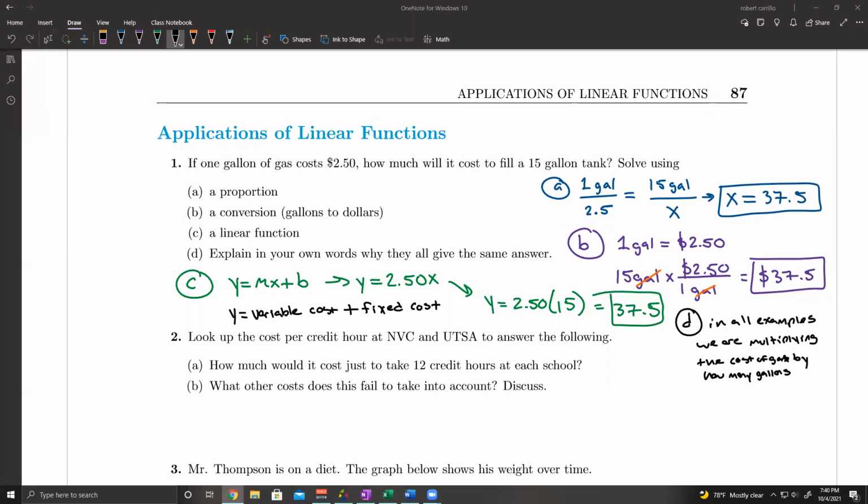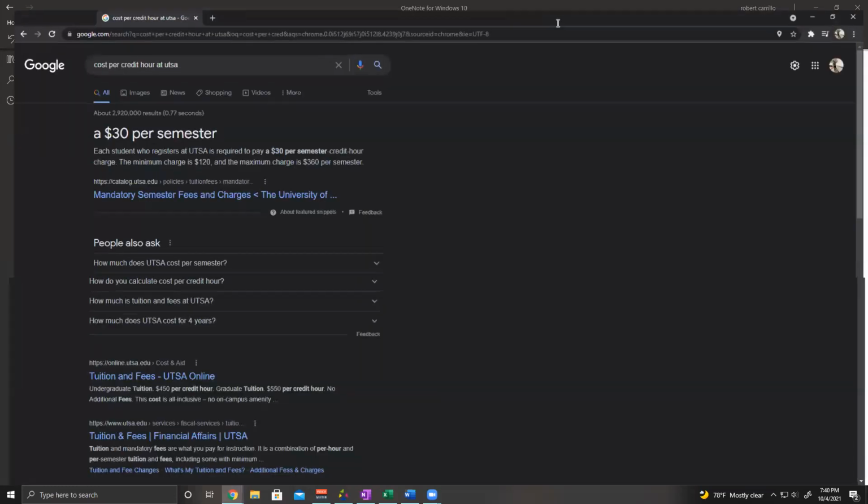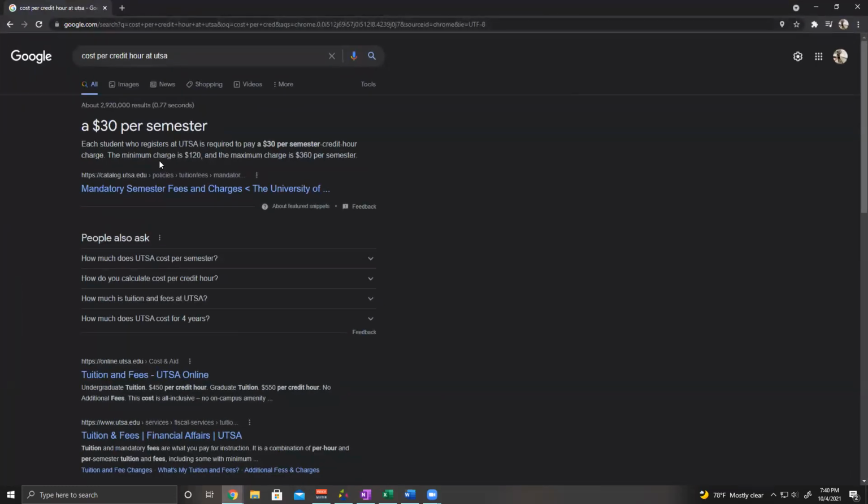Let's say cost per credit hour at UTSA. Oh, wow. It instantly pops up in Google. That's pretty cool. Look at that. Cost per credit hour at UTSA: 30 per semester credit hour charge.